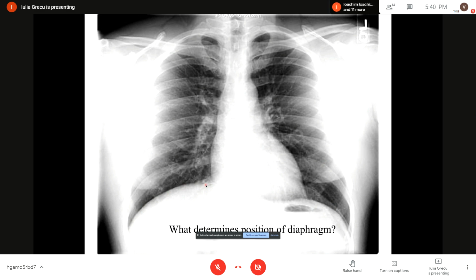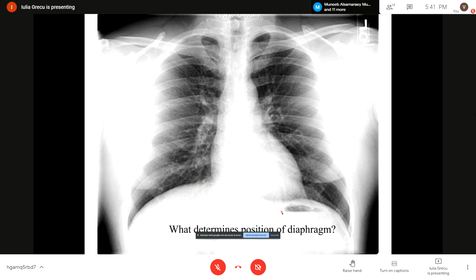They are linear like this, and we know that under the right diaphragm we will find the liver, and under the left diaphragm we will find the gas chamber of the stomach.